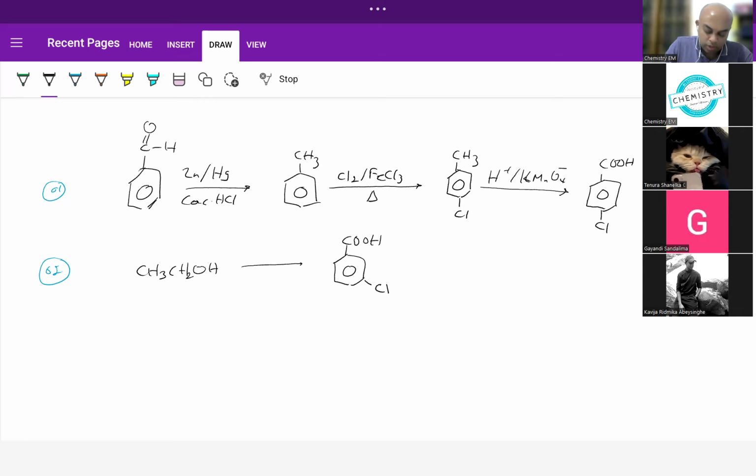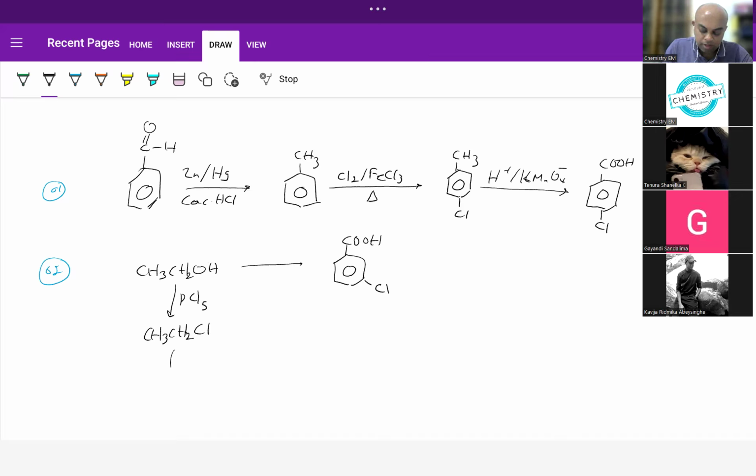So let me convert this one into an alkyl halide, CH3 CH2 Cl. For this one, I can use PCl5 or PCl3, right? Then I'm using the Friedel Crafts reaction.